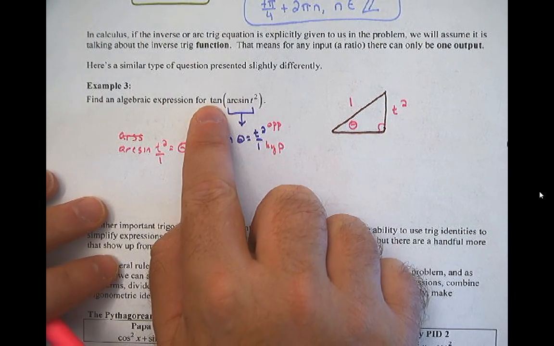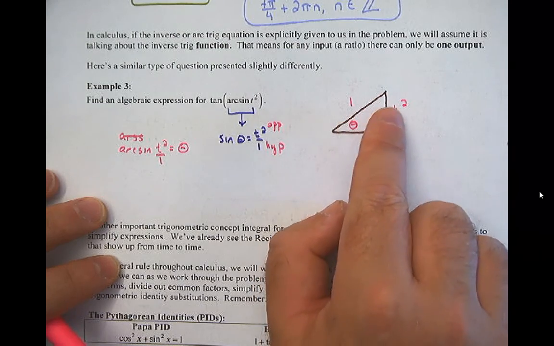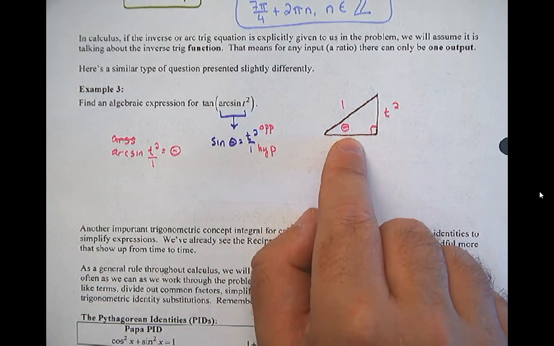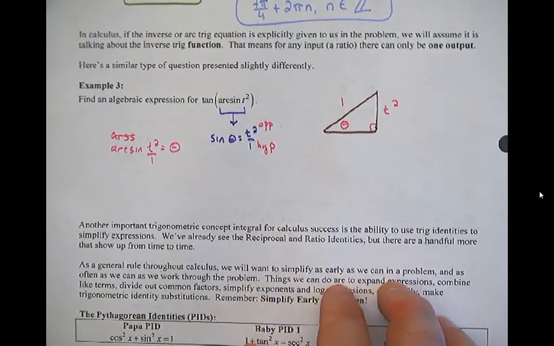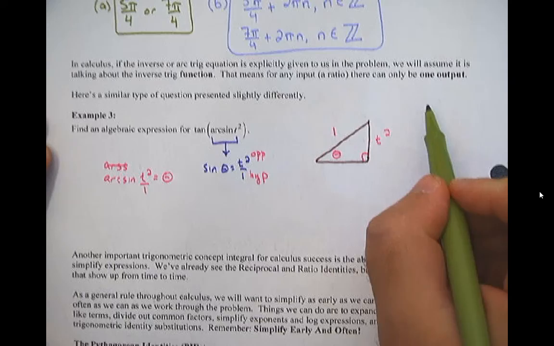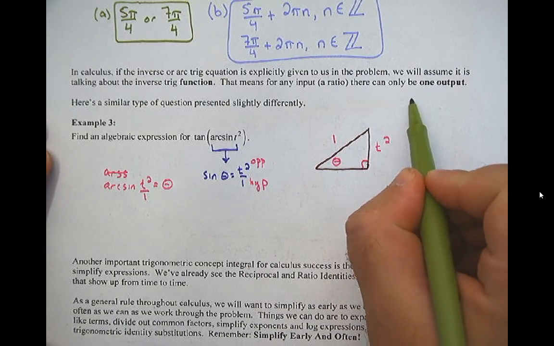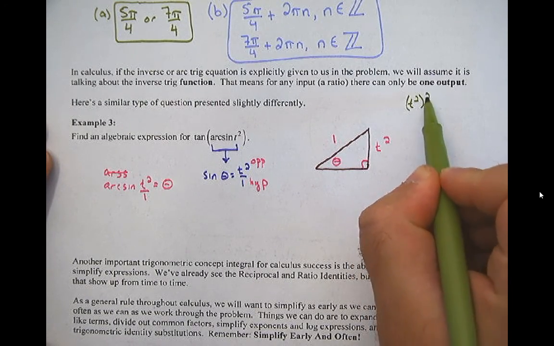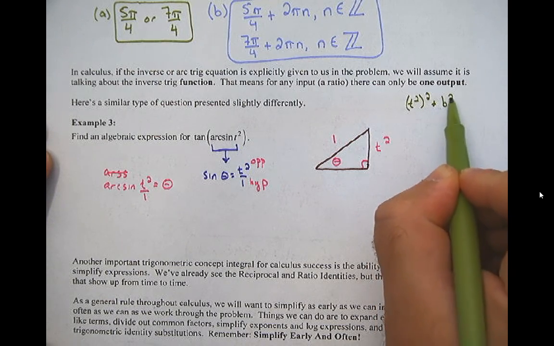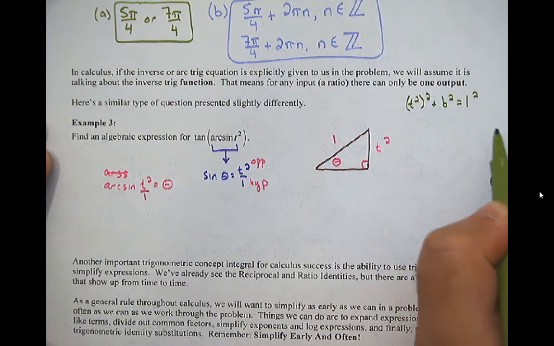I need tangent. So if I want to do tangent of this triangle, I need opposite over adjacent, which means I need to find this side. But we can find that side fairly quickly using the Pythagorean theorem. So that for us would look like a squared, so t squared, plus b squared is equal to 1 squared.